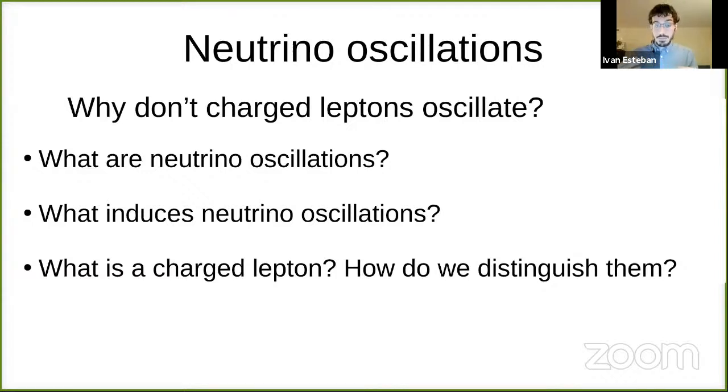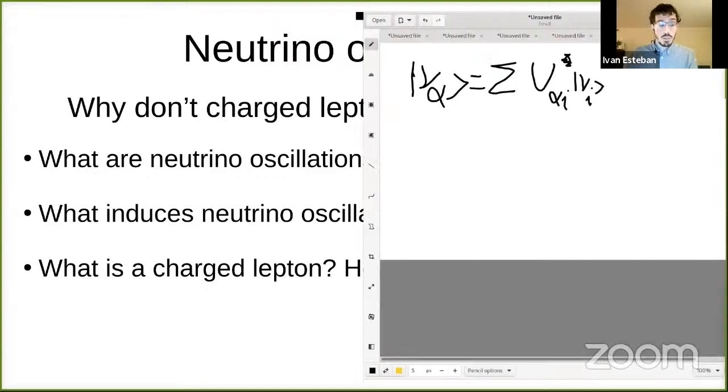And therefore, by definition of what a charged lepton is, they are mass eigenstates. So if we produce a charged lepton, for instance a muon, this will have a well-defined mass. So it will not be a superposition of mass eigenstates that evolve differently and that interfere.